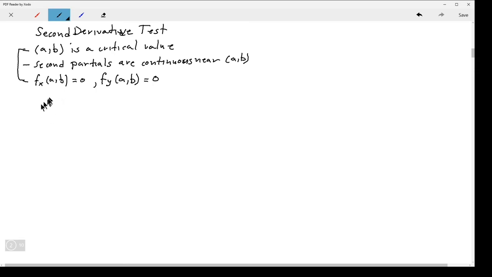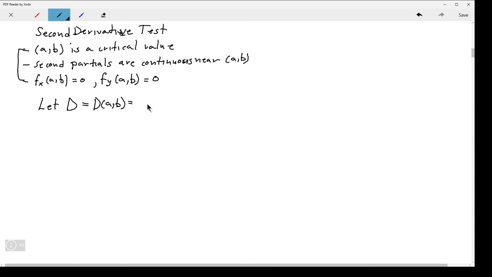Then we define a function. We're going to let this function, which we call capital D, be D of (a, b), because we never calculate it without the (a, b). That would get a little messy.